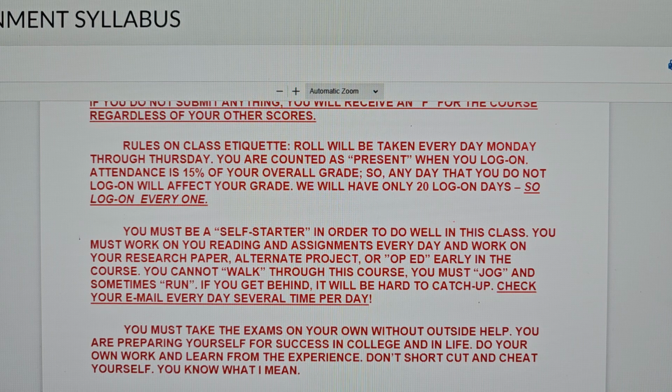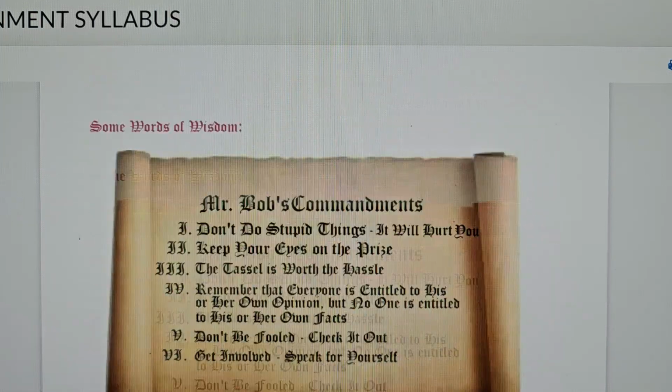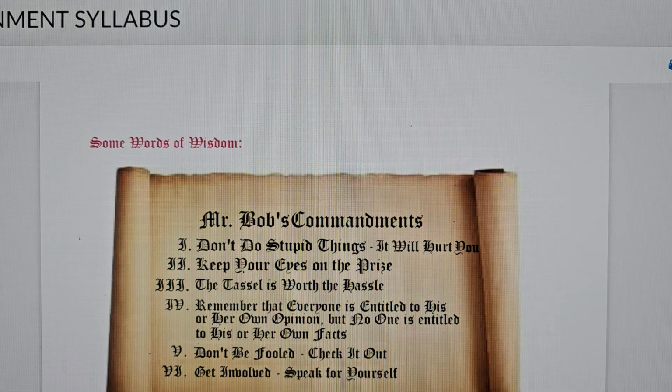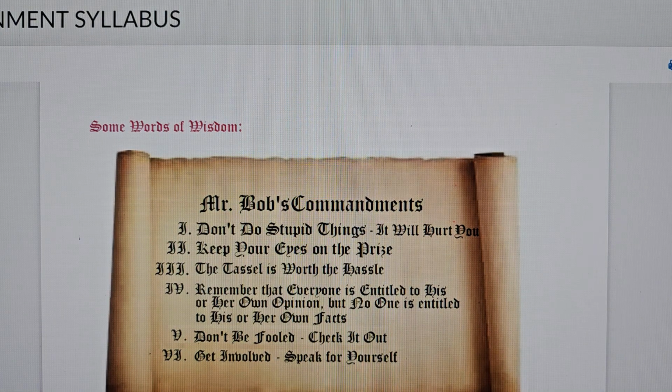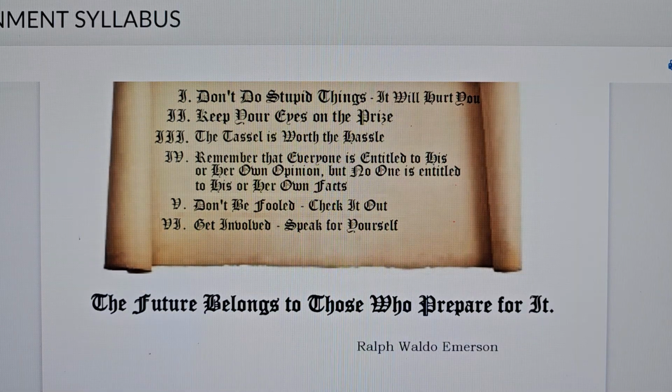And then finally, some words to the wise. This is my commandments. Don't do stupid things. Keep your eyes on the prize. The tassel is worth the hassle. Remember that everyone is entitled to his or her own opinion, but no one's entitled to his or her own facts. So stick to the facts.